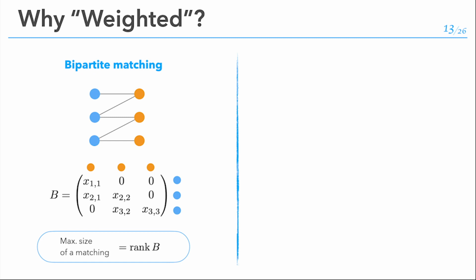Then, it is well known from the definition of the determinant that the maximum size of a matching of this bipartite graph is equal to the rank of this matrix B.